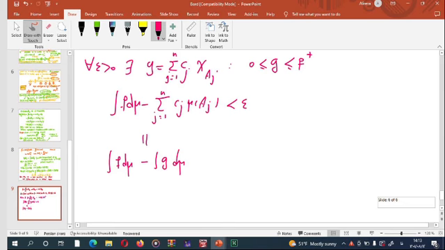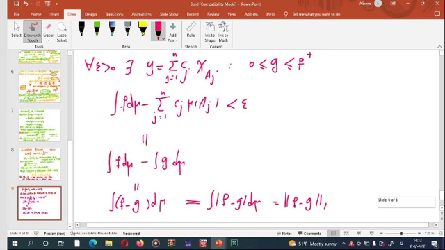This is a simple function and this is its integral, and this is equal to the integral of f minus g d mu, and this is equal to the integral of its absolute value, because this is positive by this assumption, okay? So its absolute value equals itself, and this is equal to this norm.